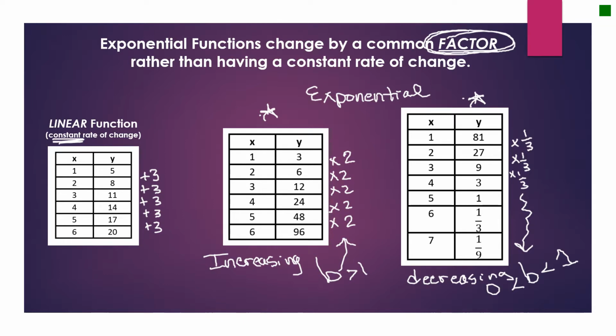So can you think of what you would multiply by that might look like division? It would be a factor that's between 0 and 1. For example, 1/3. If I multiply by 1/3, 81 times 1/3 would give me 81 over 3, and 81 divided by 3 is 27.